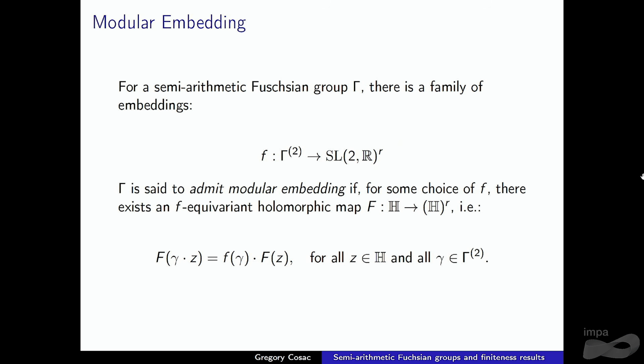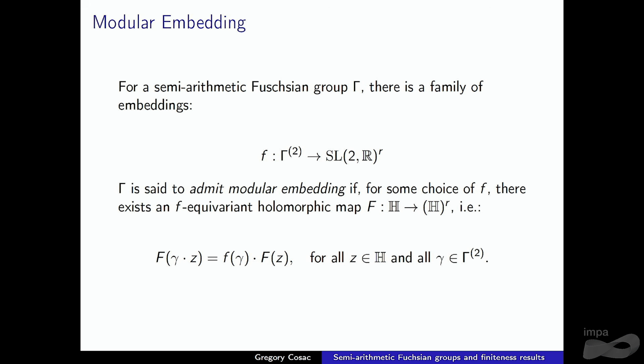And this actually appeared in a previous slide, when I wrote it with quotation marks, I was being a little bit imprecise. So you have these embeddings coming from the definition of semi-arithmeticity, right? Gamma squared acts on the hyperbolic plane, and the Lie group on the right side acts on a product of r copies of the hyperbolic plane. And you have this injective homomorphism, right?